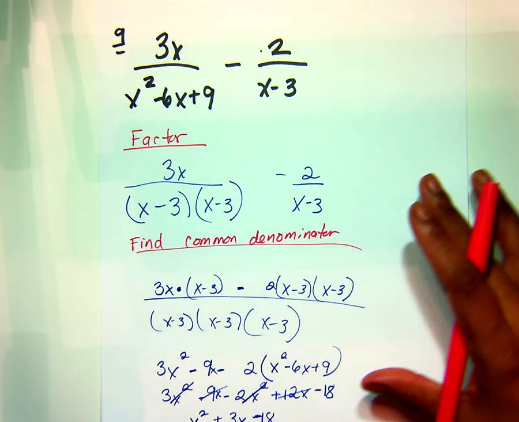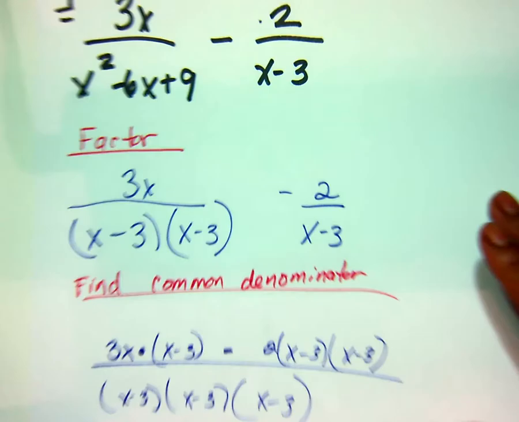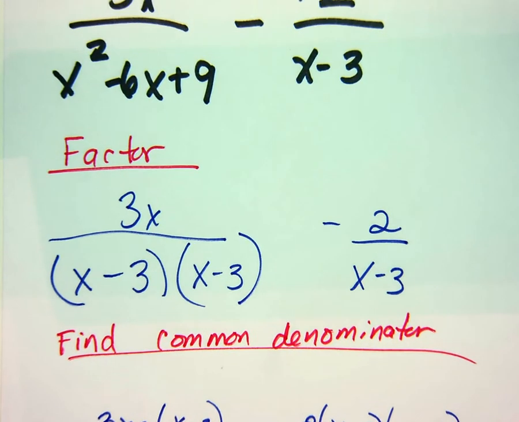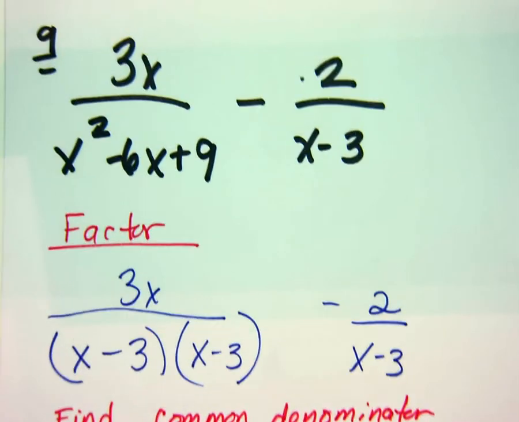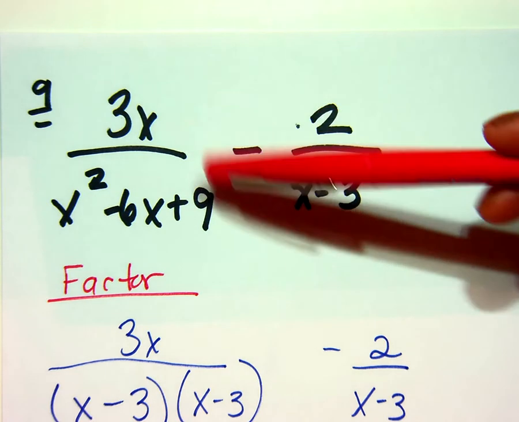So let's look at number 9. Here's your doozy right here. So if you say a little prayer, whatever you need to do, because this is quite a bit. The first thing you need to do is factor it. So here's your initial problem. I want to factor everything out.